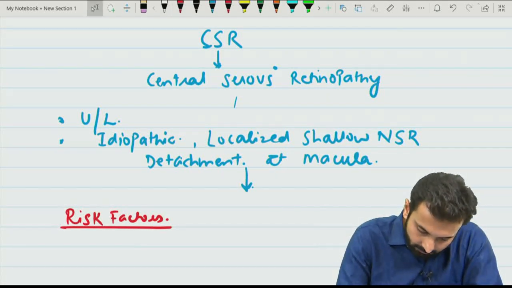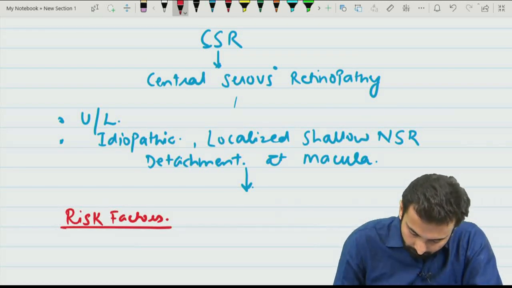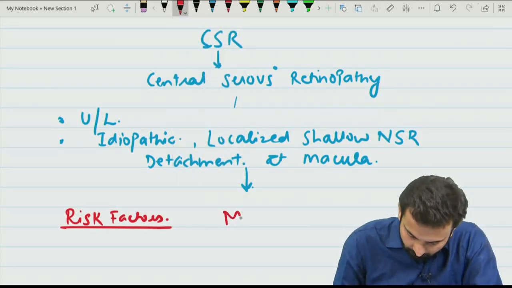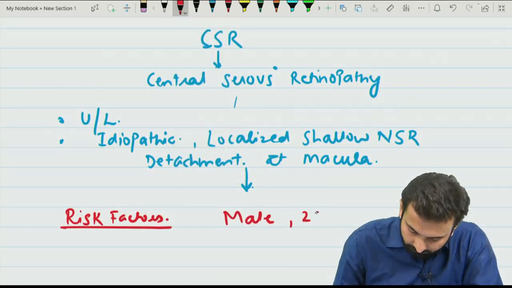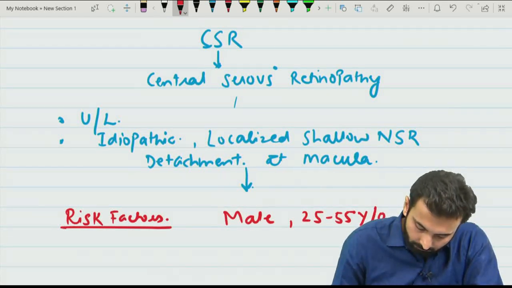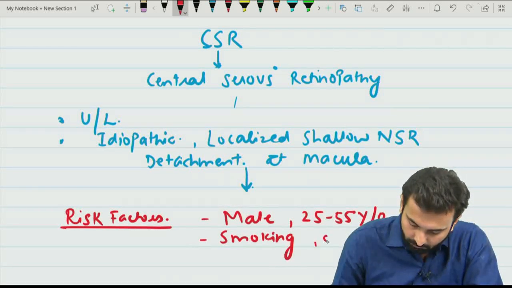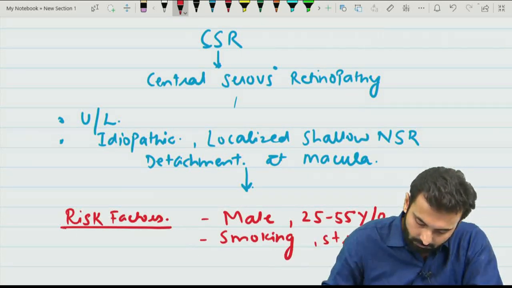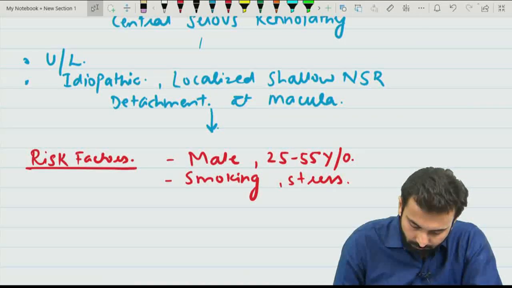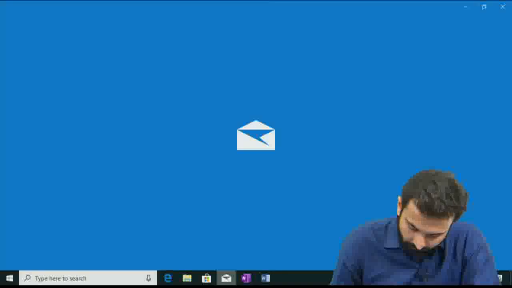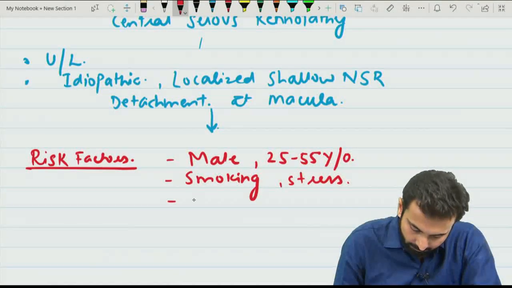It commonly occurs in male patients, 25 to 55 years of age, with a history of smoking, who are under stress, patients with type A personality.